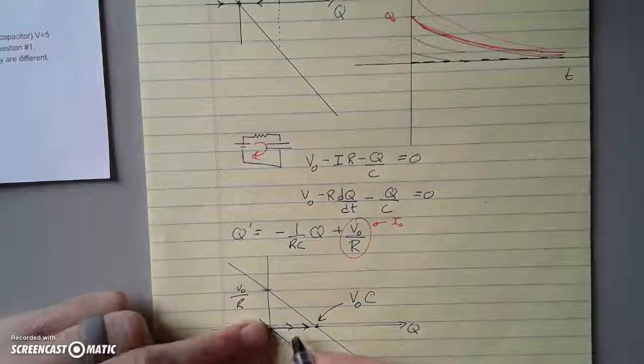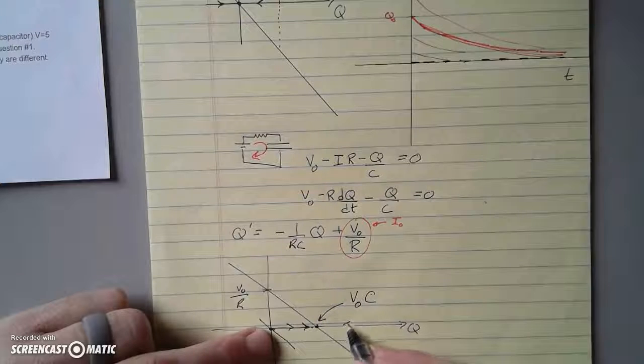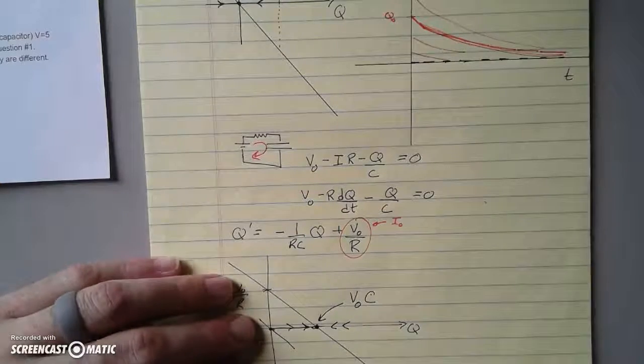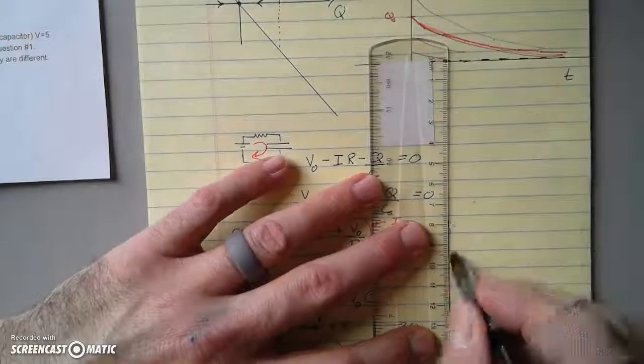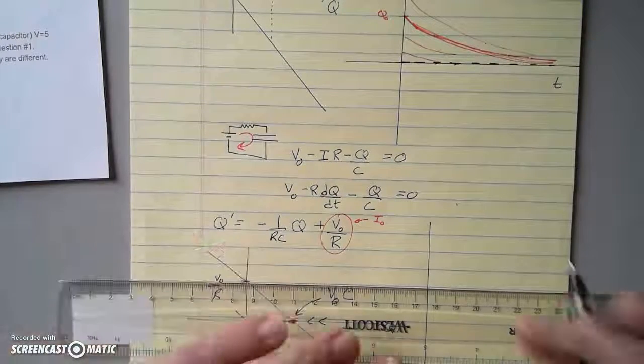Now it's still flowing. If you have between 0 and V naught C, you're going to have a positive derivative. Otherwise, you'll have a negative derivative. So it's still a stable equilibrium, but that equilibrium has been shifted up. The shape of the solution curves is going to be the same.